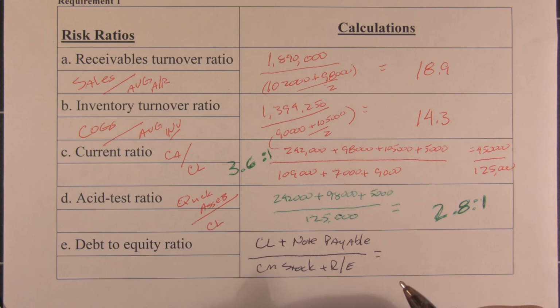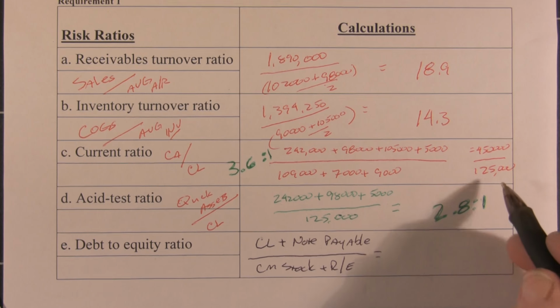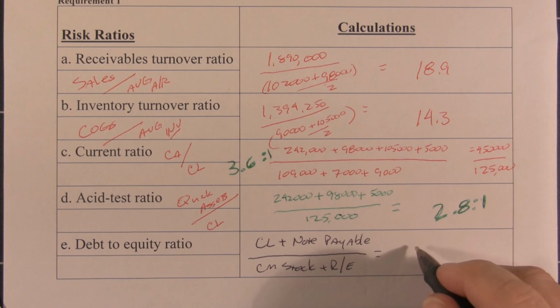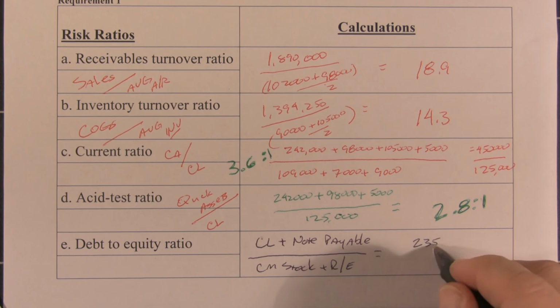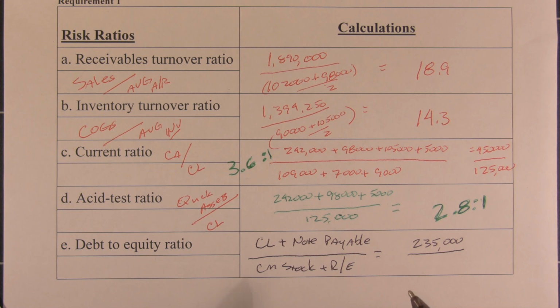Okay, so that gives us 235, 110 plus 125. 235 is our debt, and our common stock and retained earnings is a combination of 800,000 in common stock and 357,000 in retained earnings.